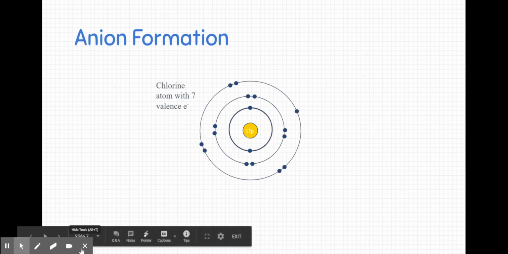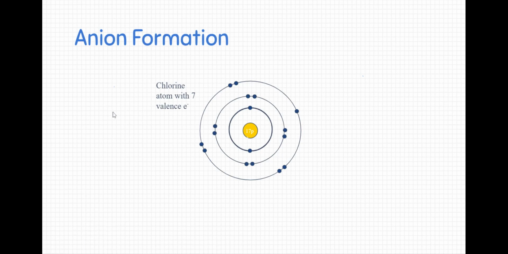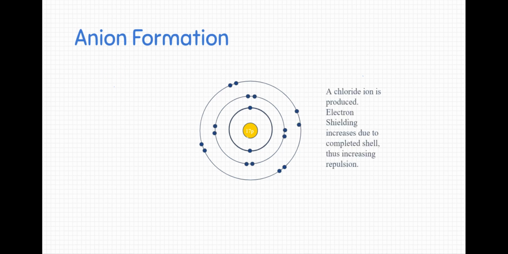Let's now look at the formation of an anion. Chlorine has 7 valence electrons, and chlorine typically forms a 1 minus anion. So it typically will gain 1 electron. If 1 electron is added to its outer shell, we end up with a 1 minus chloride ion.